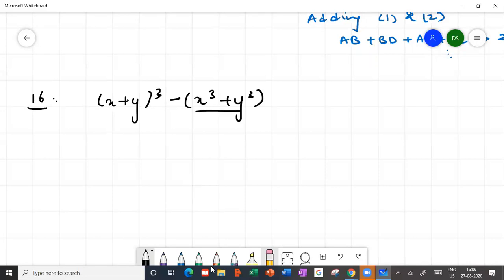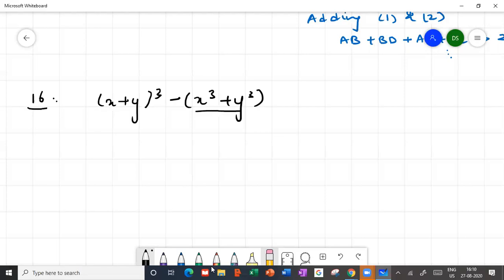I really don't know what they have done. Miss, we have to take common only. x plus y is x plus y multiplied by (x plus y) whole square, and x cube plus y cube is (x plus y) multiplied by (x square minus xy plus y square). So x plus y is common.